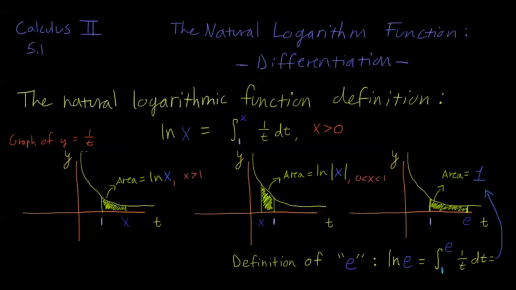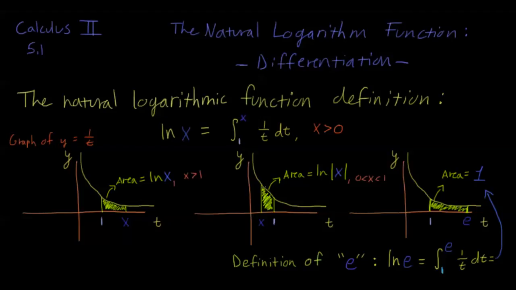Over here, the graph of y equals 1 over t is this curve right here. When we take the integral from 1 to x, the area underneath the curve is equal to the natural log of x when x is greater than 1.